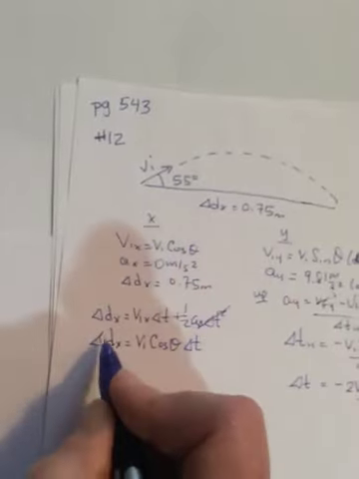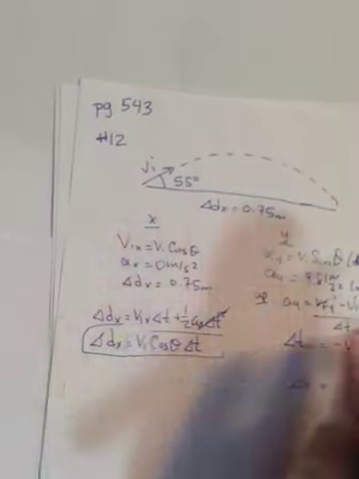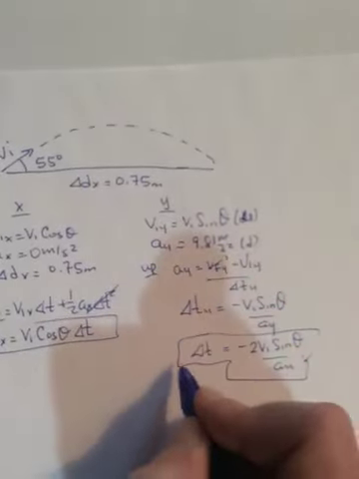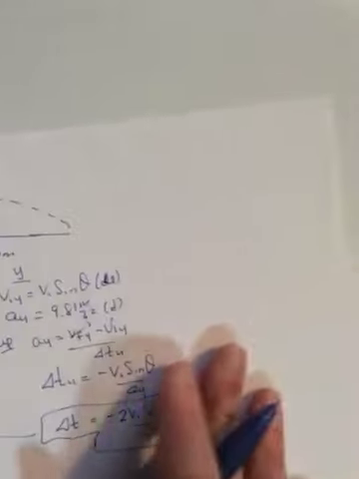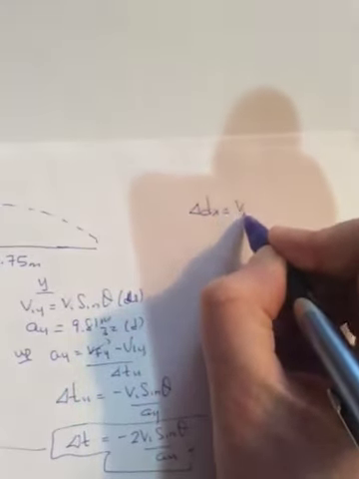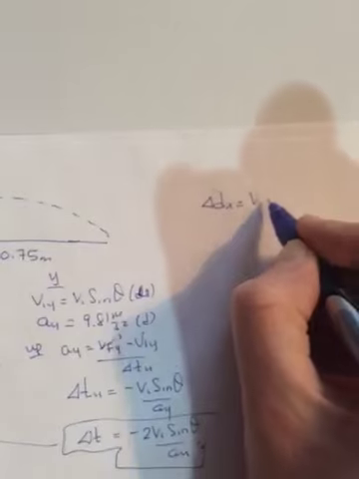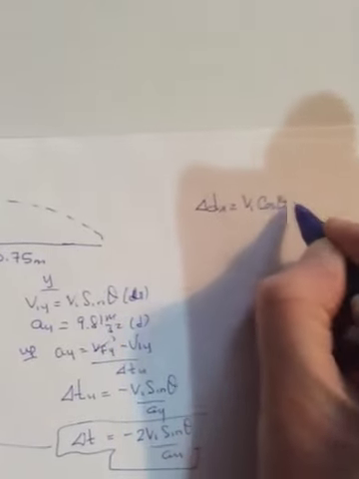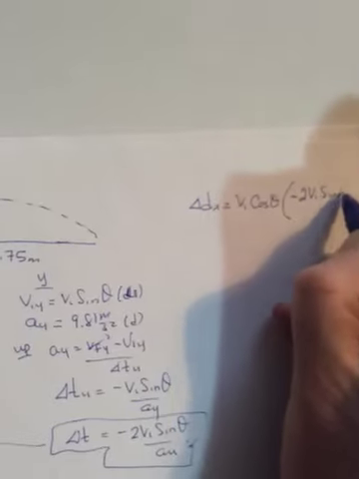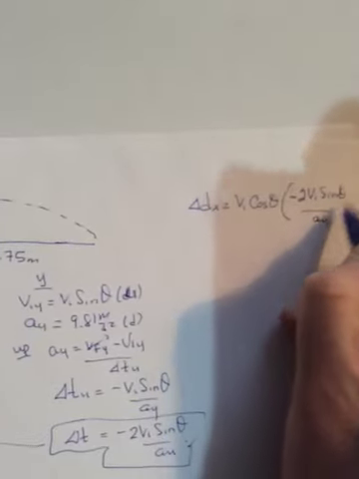So two equations, two unknowns. If we take our delta T and sub it in here, I'm just going to move it over to this side. So we will have delta dx is equal to VI cos theta, and instead of delta T, we're going to write negative 2 VI sine theta over AY.